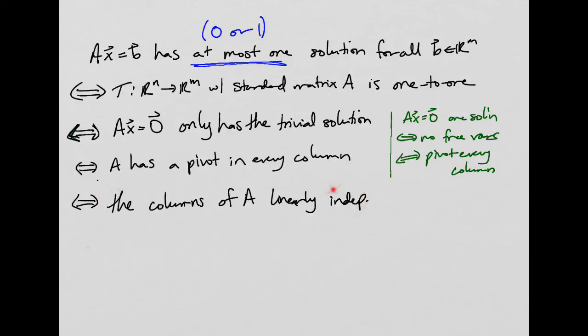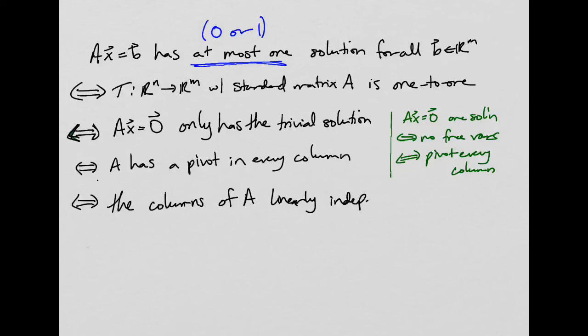Well, I'm going to show that this statement is equivalent to AX equals 0 only having the trivial solution. I'm going to show that these two are equivalent. And again, these two were shown to be equivalent already in the past. If you look at the video where we introduced linear independence, you'll see that this was actually shown. But I want to go through it again here. Again, this whole video is meant to be a review, and I'm just trying to piece together a lot of different equivalent statements and putting them all in one place.